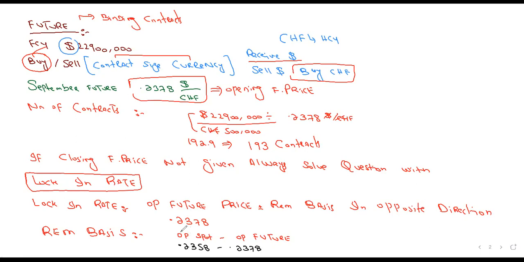What was the date today? 1st May. And the future we have selected is September, 30th September futures. So please take the difference. What is the difference coming? Ignore the minus sign. 0.002.